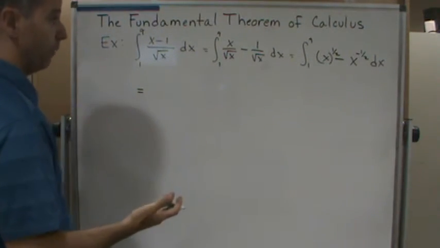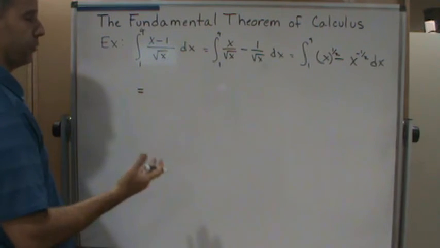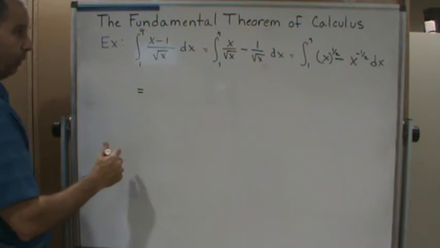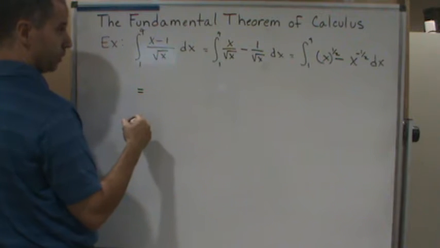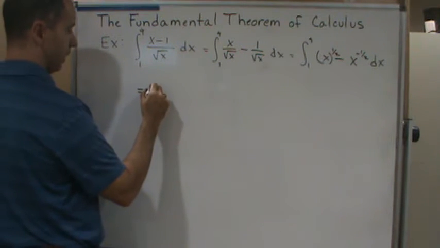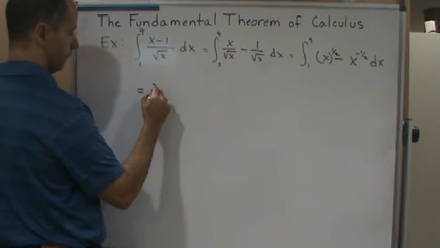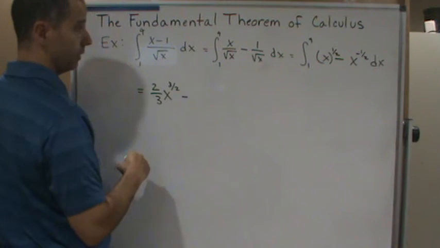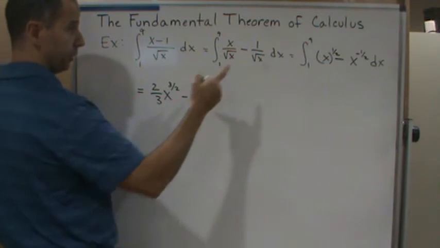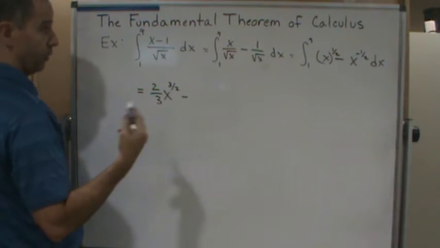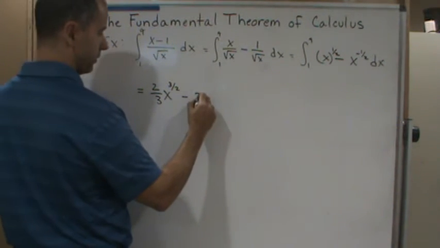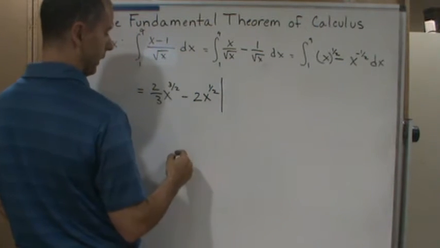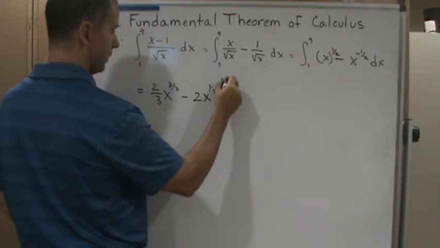Well, you increase the power by 1, so that's going to make 3/2, and then you divide by the new power, or in this case, you multiply by the reciprocal, and so you get 2/3 x to the 3/2 minus, again, you add 1, so you go from a negative 1/2 to a positive 1/2, so this is going to be minus 2x to the 1/2 power, evaluated at the limits of integration 1 to 9, okay?